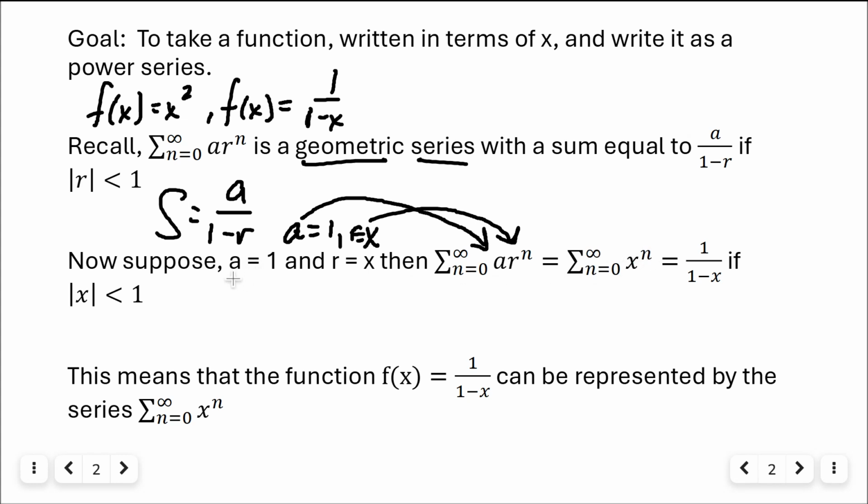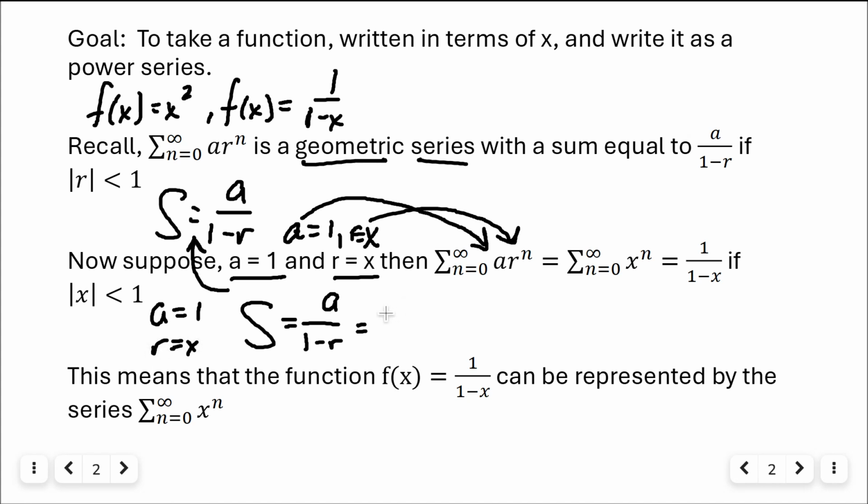Now if I substitute a equals 1 and r equals x into the sum formula, s equals a over 1 minus r, I get 1 over 1 minus x. This is a function, 1 over 1 minus x, for the absolute value of x less than 1.